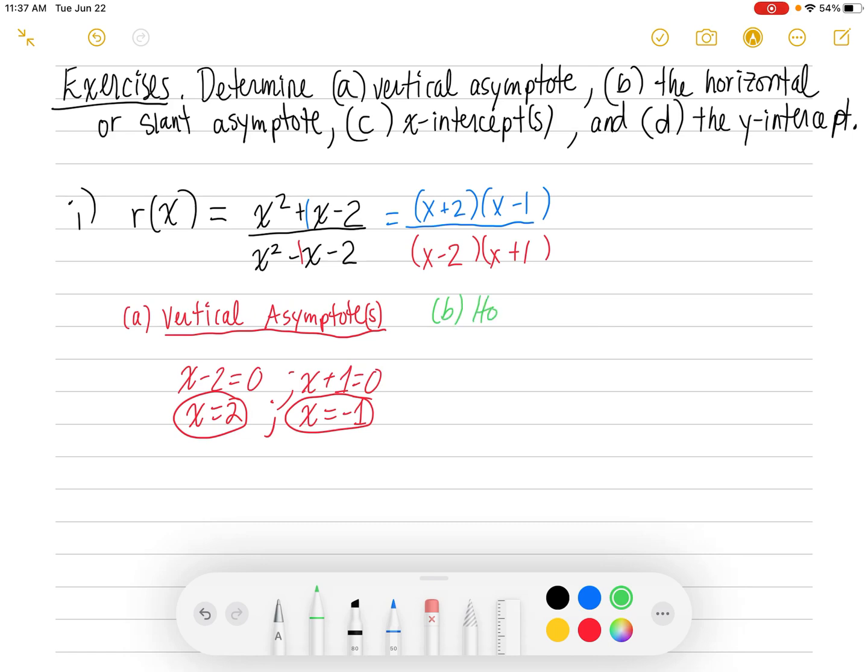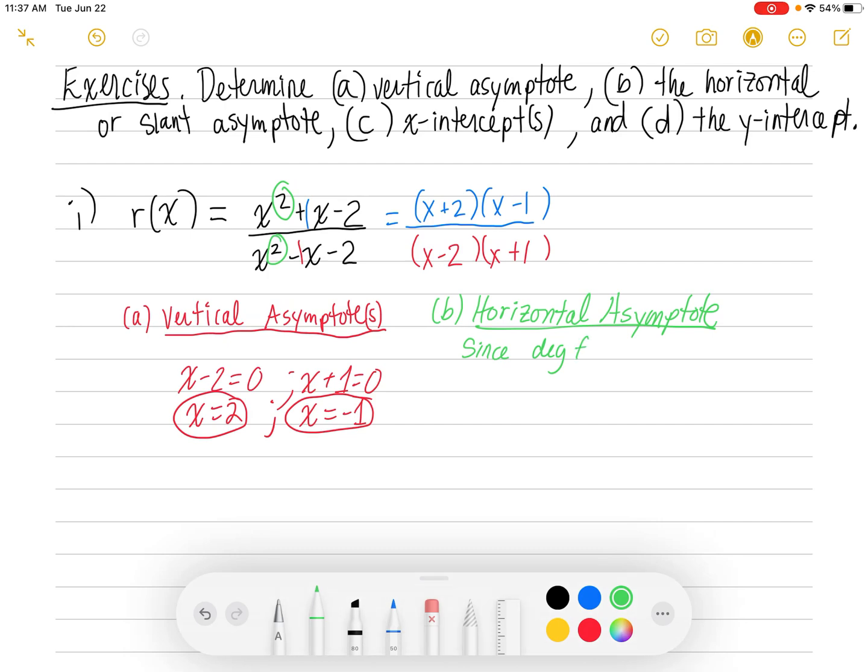Okay, so what do we do next? Horizontal or slant asymptote. Well, we're not going to have a slant asymptote. We're going to have a horizontal asymptote here. And we know that because if you take the degree of the top and the degree of the bottom and compare, the degrees are the same.